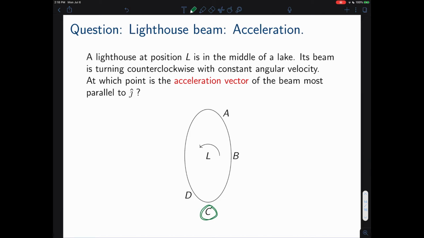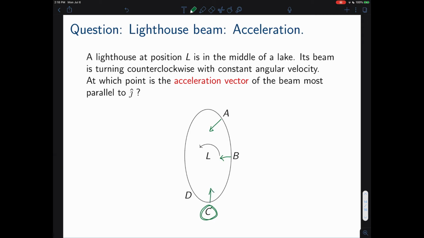So remember what we found for uniform circular motion. This has constant angular velocity. Now the lake is not exactly circular, so that's going to throw things off a little bit, but we found for uniform circular motion that the acceleration is pointing in towards the center. So in point A, the acceleration vector will be pointing in. At point B, it's pointing in towards the center.